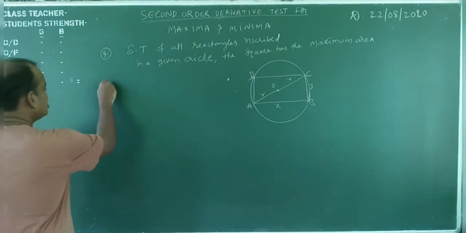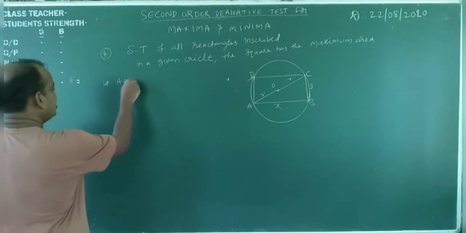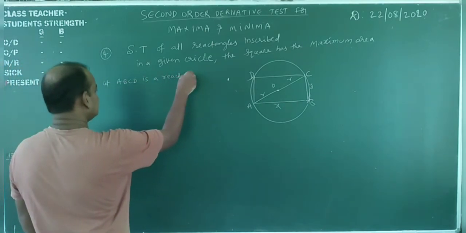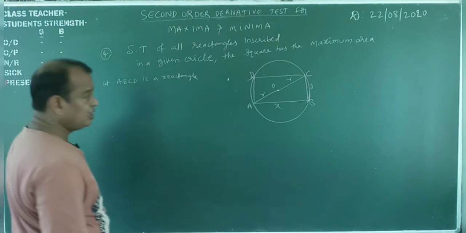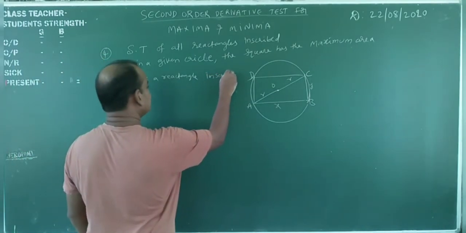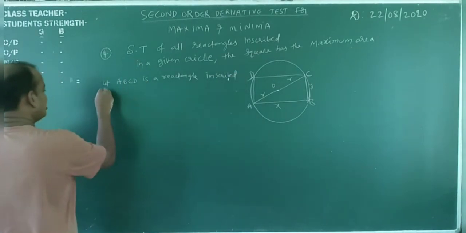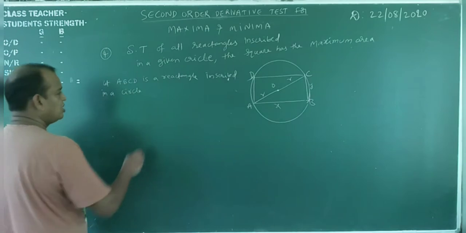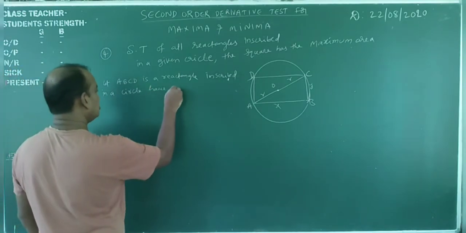Let ABCD be a rectangle inscribed in a circle of radius r.